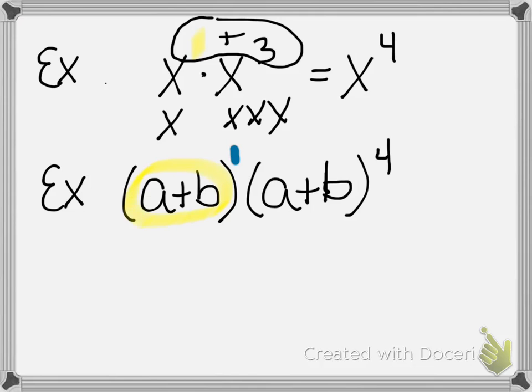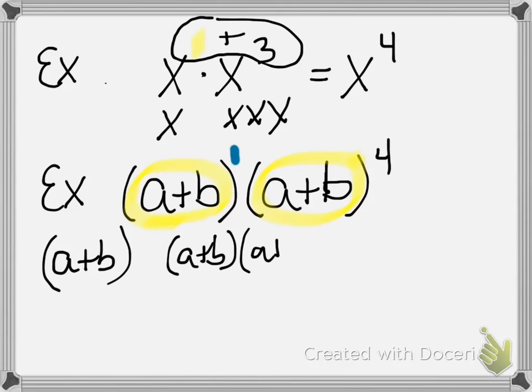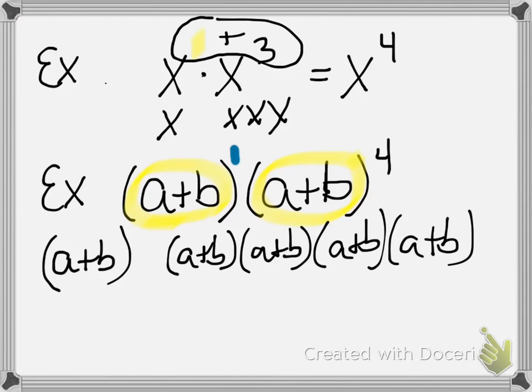You've got 1 of these, and then you've got 4 of these over here. So if I wrote it out the long way, it would look like this: a plus b, there's the 1, and then a plus b, a plus b, a plus b, and a plus b. Getting a little messy. So there's 4 of them. So altogether, I have 5 sets of them.